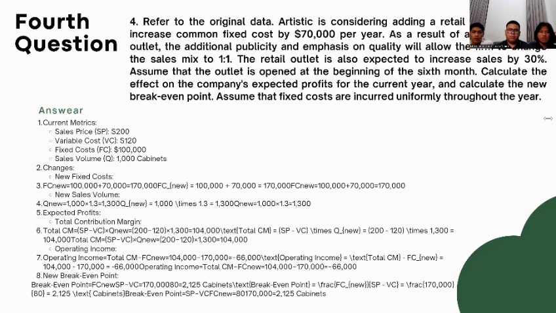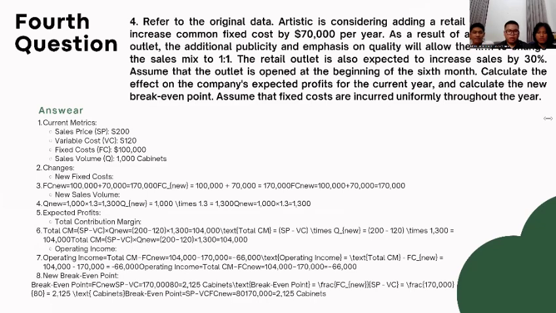And the expected profit is the total contribution margin. So the total contribution margin is sales price minus variable cost times sales volume, equals 200 minus 120 times 1,300, equals 104,000.